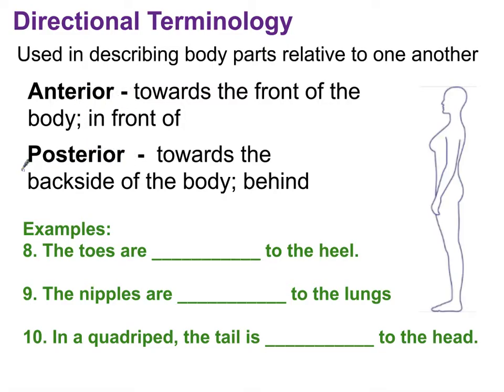So you might have heard the word posterior before, and anterior is going to be the opposite of that. If you haven't heard of posterior, that's completely okay. So anterior is always going to be towards the front of the body. And notice that my person over here changed, right?